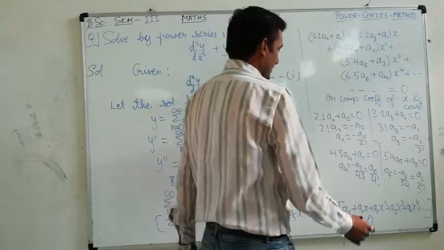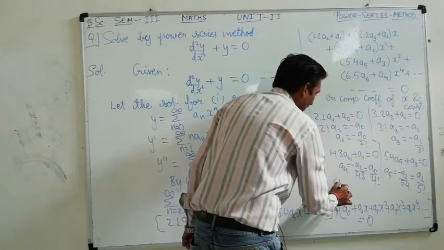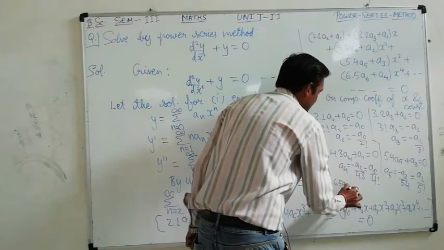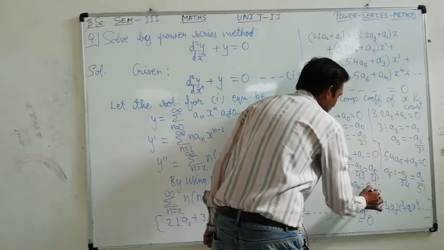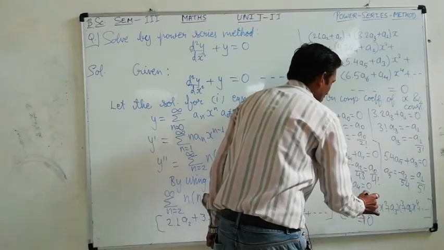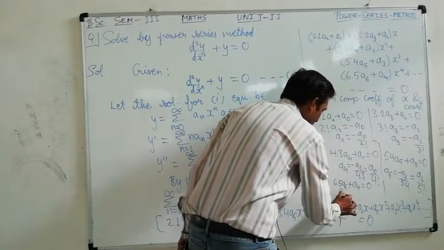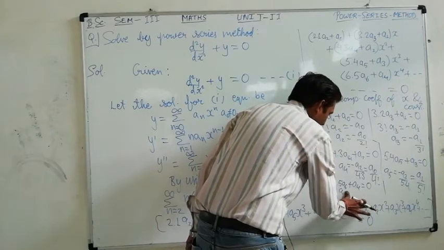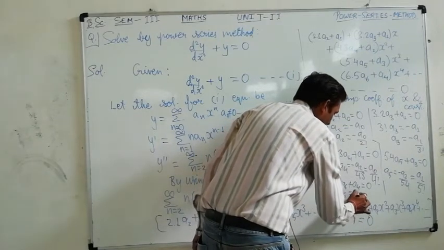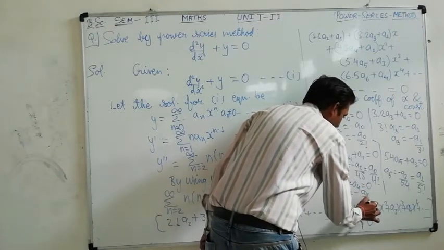And similarly, if we proceed with this also, 6 into 5 a6 plus a4 is equal to 0, or we can say that a6 is equal to minus a4 upon 6 into 5.